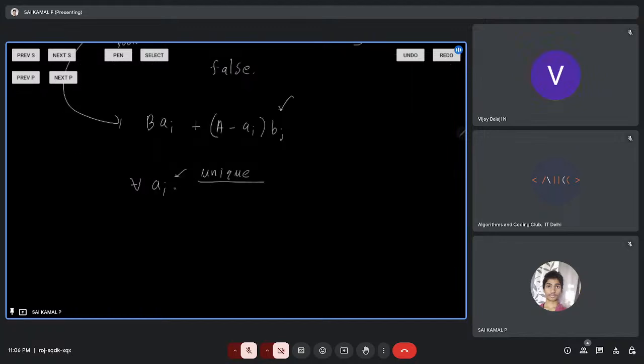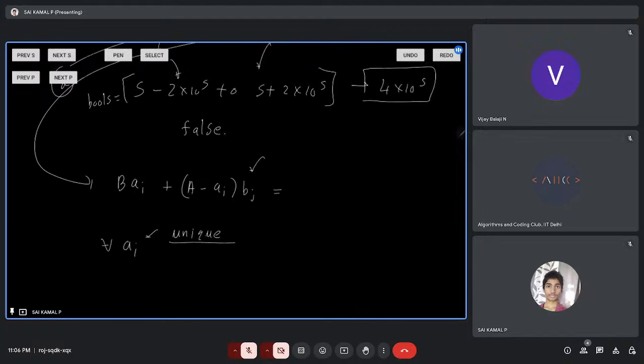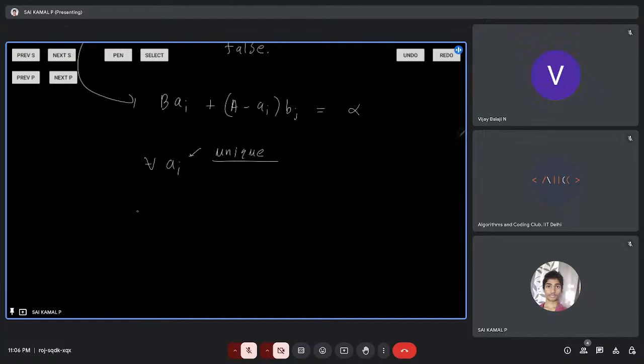So go over all the possible unique values of ai, and let's say we are targeting this value to be alpha. So alpha is our target. So if you rearrange this term for a specific ai, you get bj equal to alpha minus b times ai, divided by a minus ai.